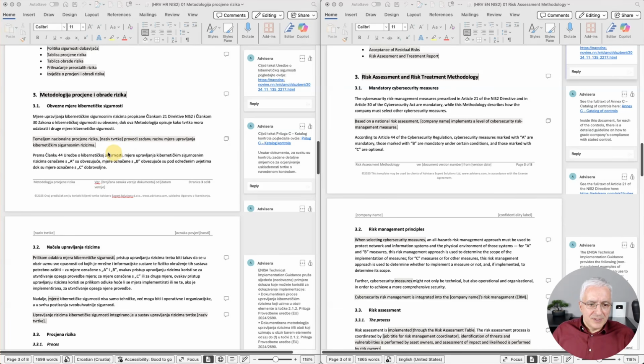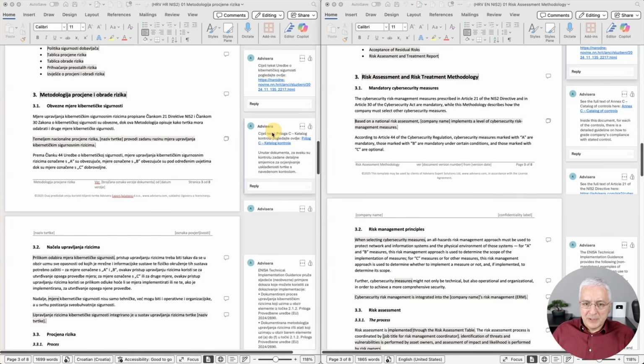So as you can see here, it basically says that the company will have to be assessed by this government body for cybersecurity for some specific level of risk. And then that it will apply these controls depending on whether they are A, B, or C. And also that A and B are basically mandatory, and that C depends really on the results of the company's risk assessment.